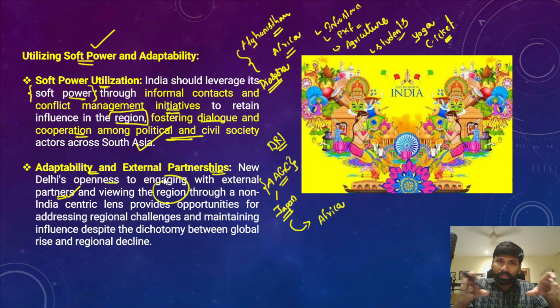Not just from India's lens alone, you should also take into account the concerns of those smaller neighbors. When you take into consideration the concerns of those smaller neighbors, there is a probability that those countries would come under the influence of India in the longer term, because that could develop enormous trust and mutual confidence.